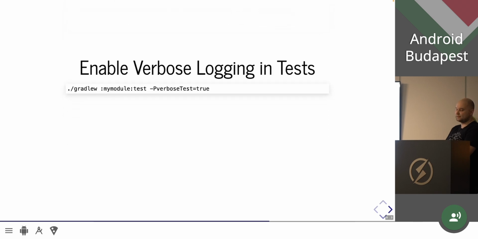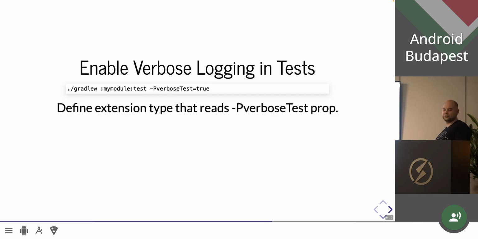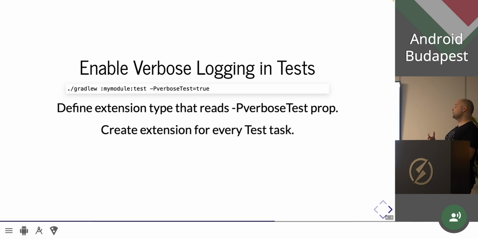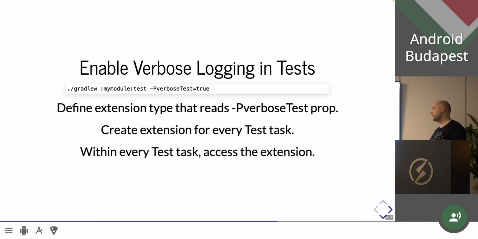As an example, we can take a look and implement more verbose logging in your tests. You don't want to run it, let's say, every time you run it locally, but for CI it might be useful to enable some additional logic for your tests. And one way to do this is to define the extension type, add it to every test task, and then within every test task, access the extension.